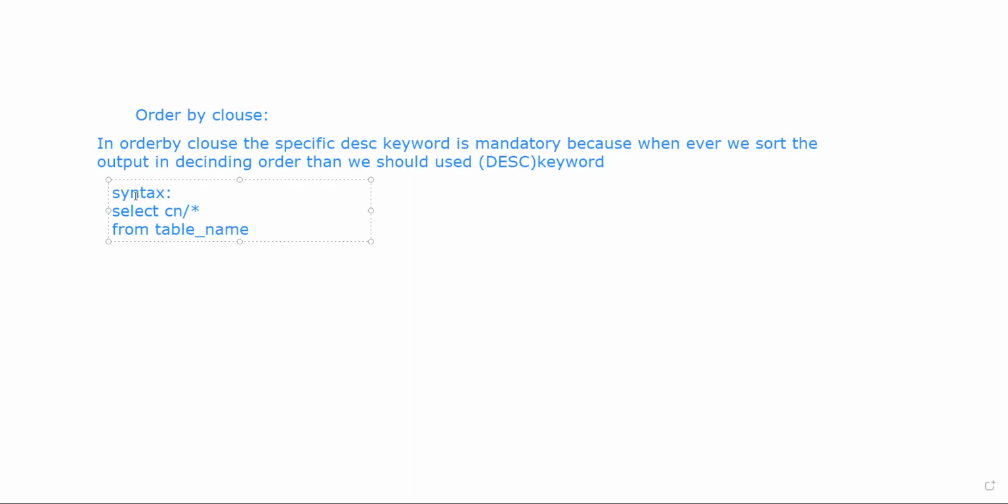Then order by clause, then column name or expression, or ASC, which means ascending, or DESC, which means descending. This is the syntax for order by clause.